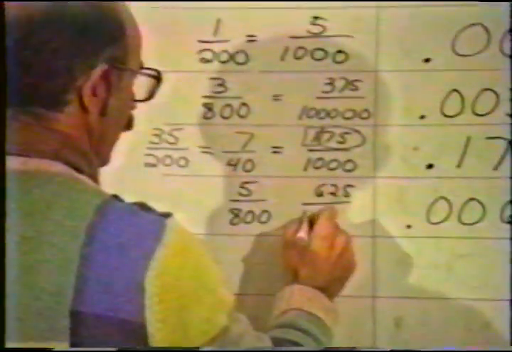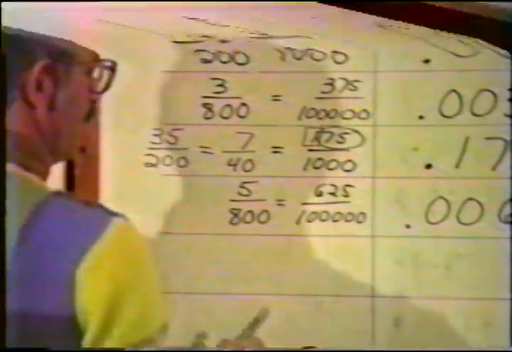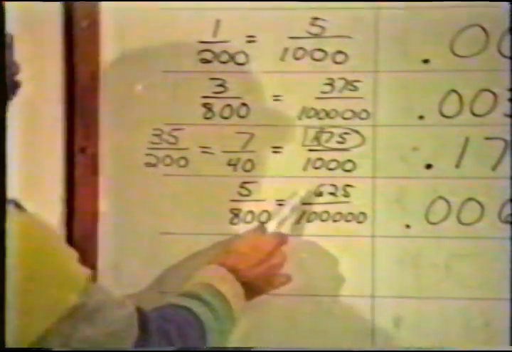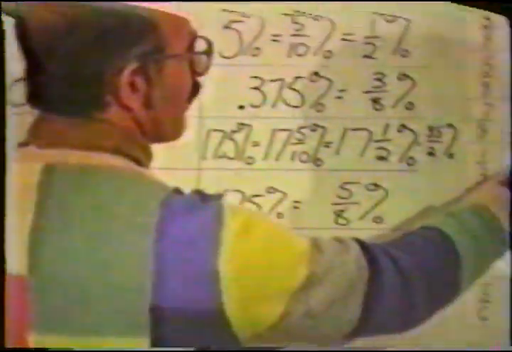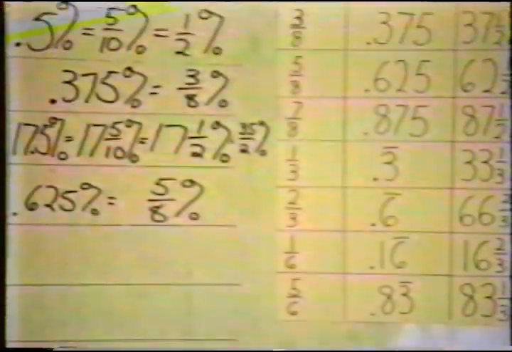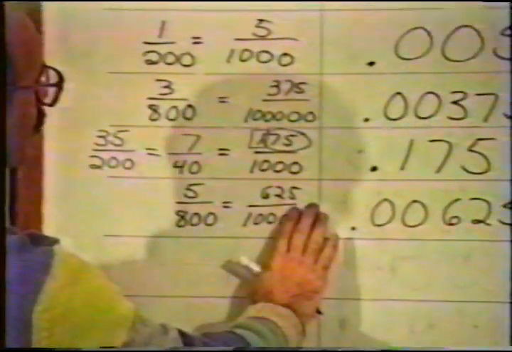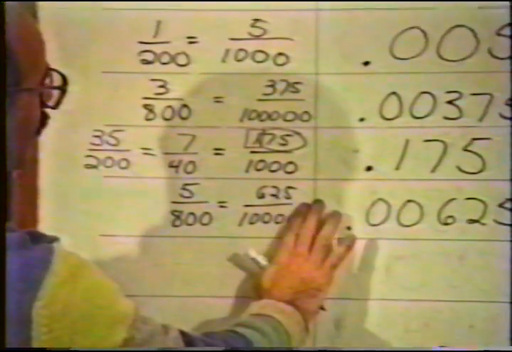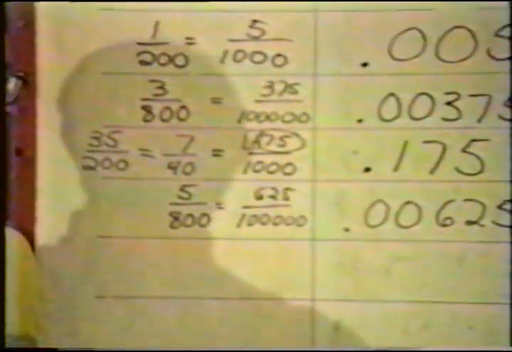And if we recognize this number, we'll know how many 125s there are in there. How many 125s are there in 625? 5. And 125 goes into 1,000 how many times? 8. So then, 80 and 800.